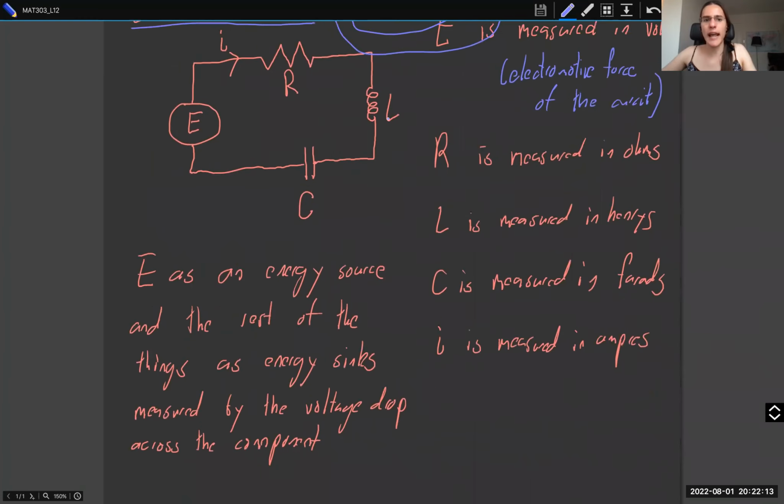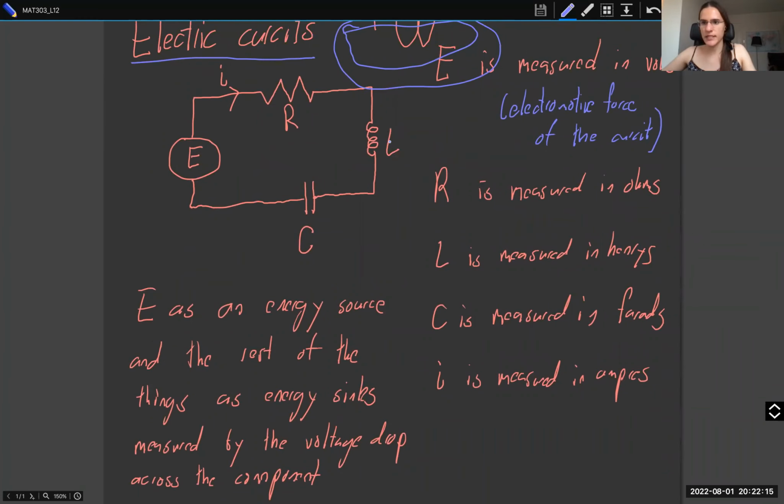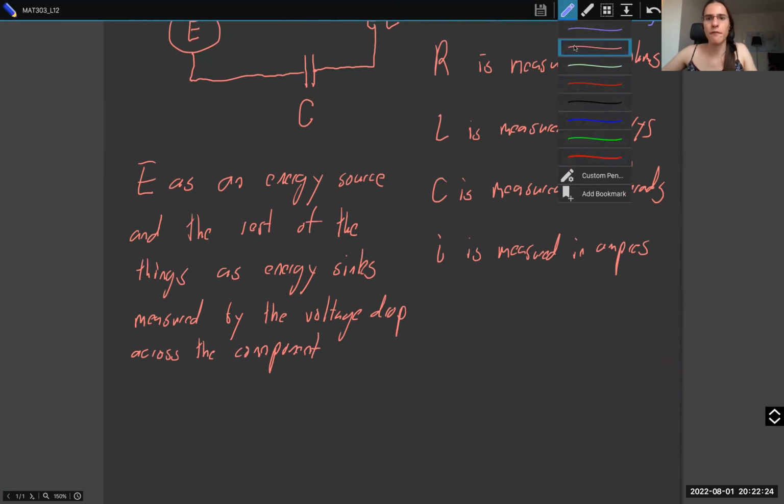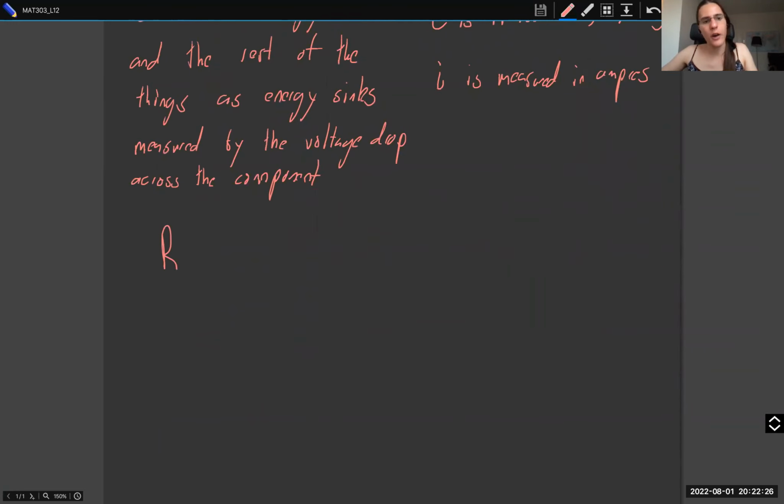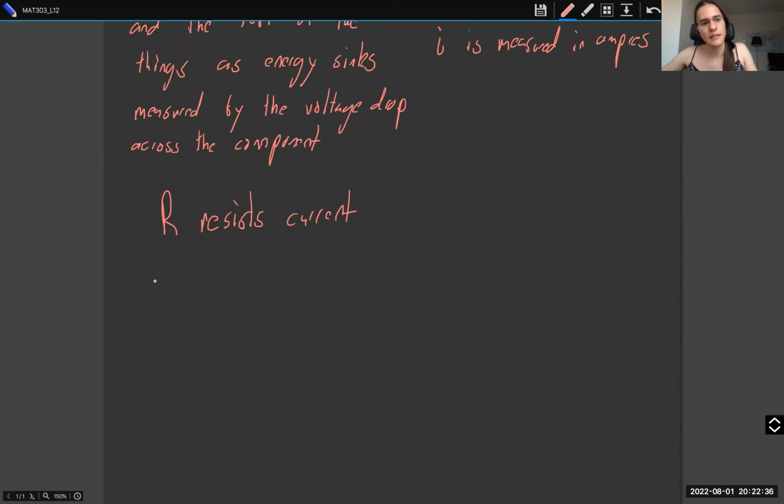So what L does is that it resists changes in current, because as the current changes, it has to store more energy in the magnetic field. So you can think of R as resisting current, and L is going to resist changes in current.